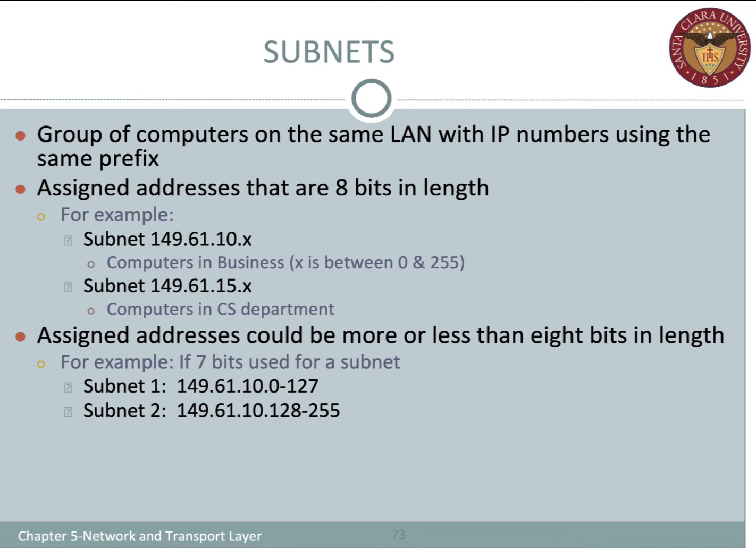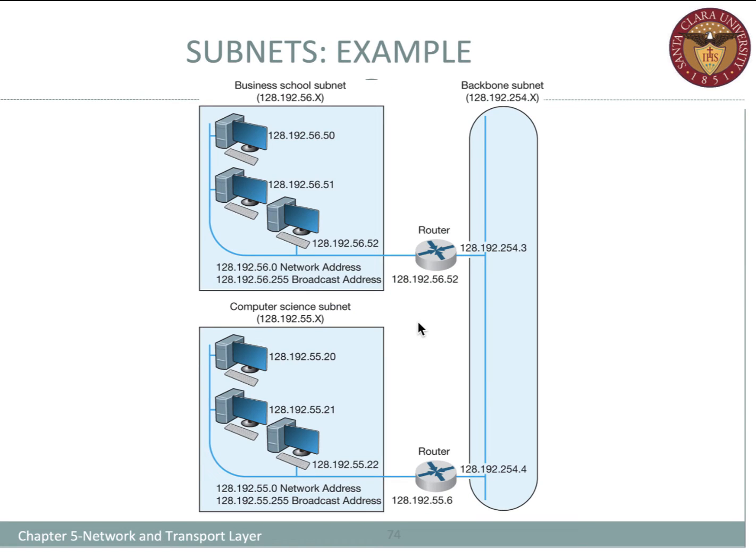In subnetting, a group of computers on the same local area network with IP numbers use the same prefix. In general, IP addresses are assigned so that all computers on the same local area network have a similar address.